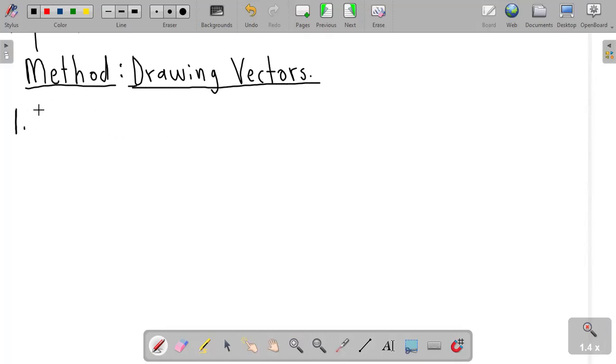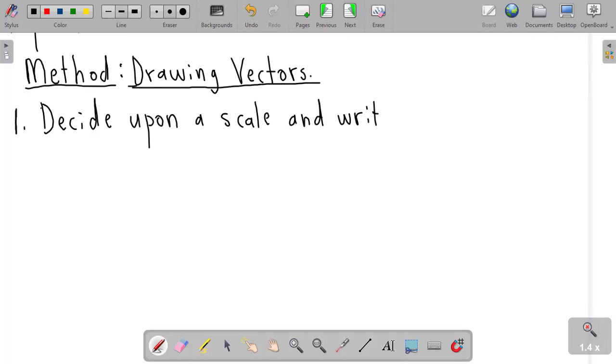So the first thing that we must do is decide upon a scale, and write it down, because this is the scale that we're going to use throughout the activity that we're given.